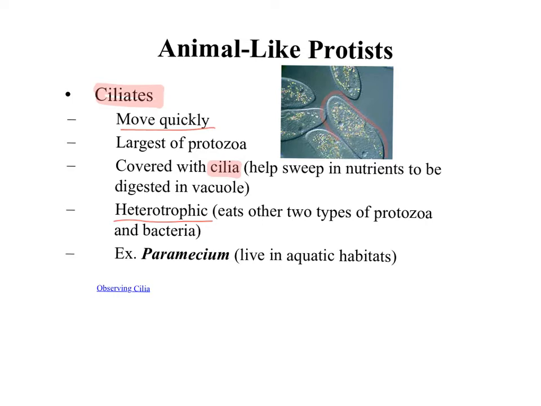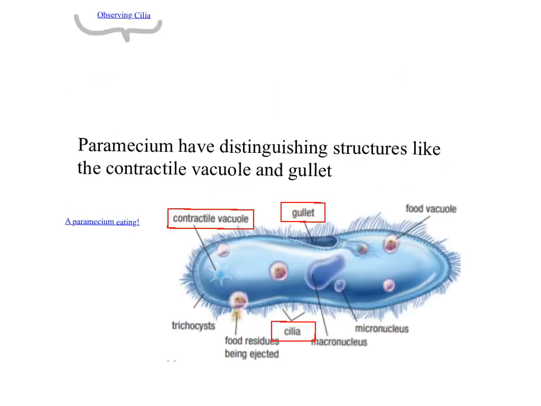Our representative organism for ciliates is the paramecium. So take a look at our video. It will show you exactly what moving cilia look like. Now, paramecium have a few distinguishing structures that might be new to you. One of them is the contractile vacuole.